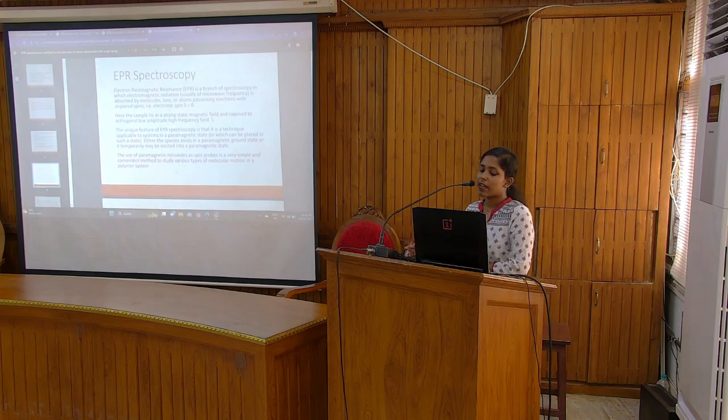Electron paramagnetic resonance is a branch of spectroscopy in which electromagnetic radiation, usually of microwave frequency, is absorbed by a molecule, ion or atom possessing electrons with unpaired spins. Here the sample is placed in a strong static magnetic field in which an orthogonal low amplitude high frequency wave is interacted.